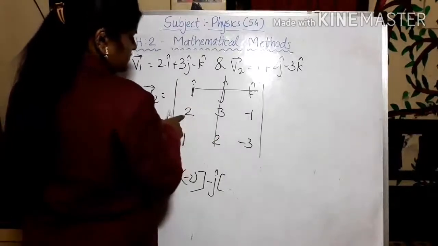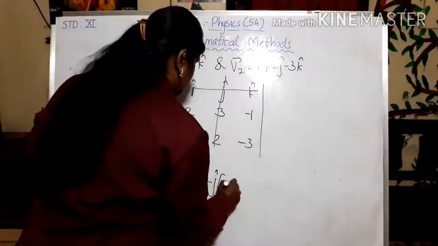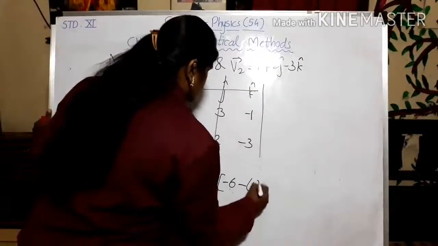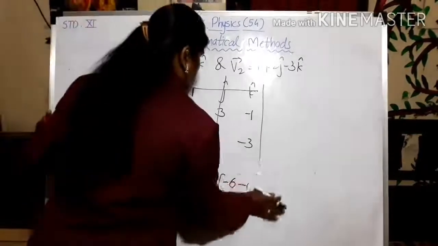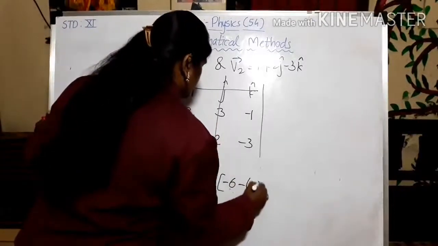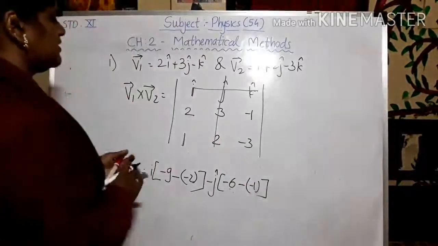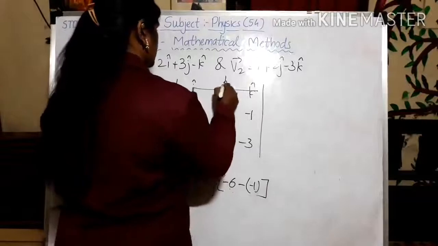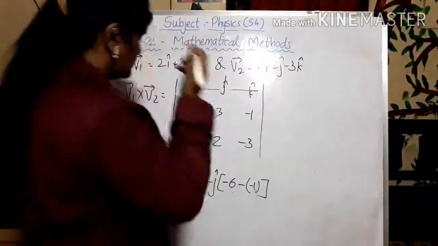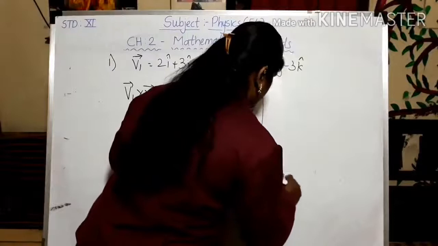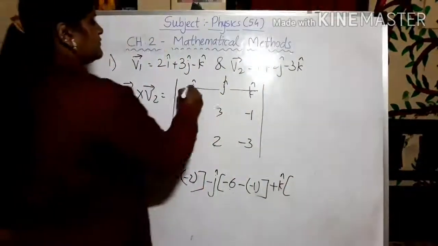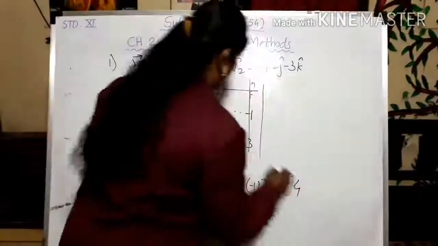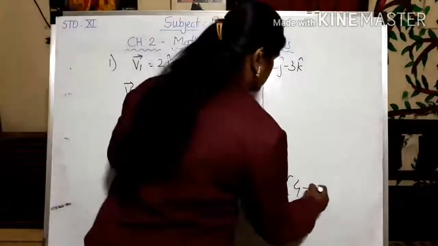So we will multiply this. 2 into -3, -6, minus 1 into -1, +1. No, I will write -1 first. Okay, now plus k cap into bracket, first row this column, 2 into 2, 4, minus 3 into 1.